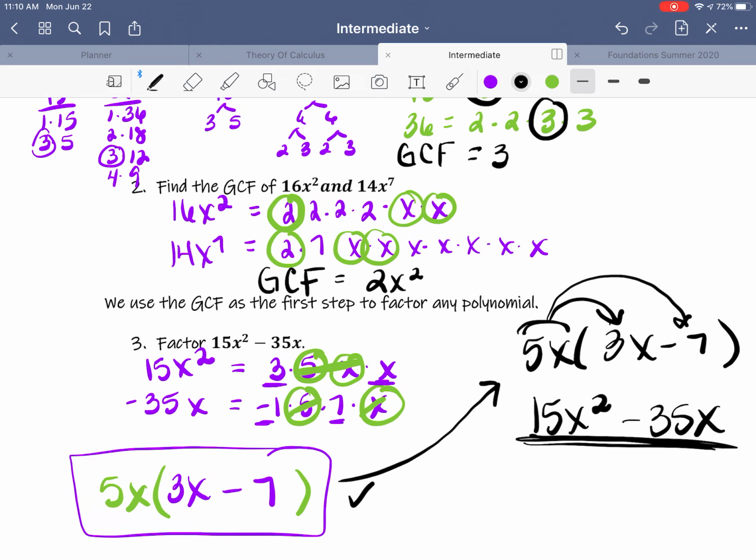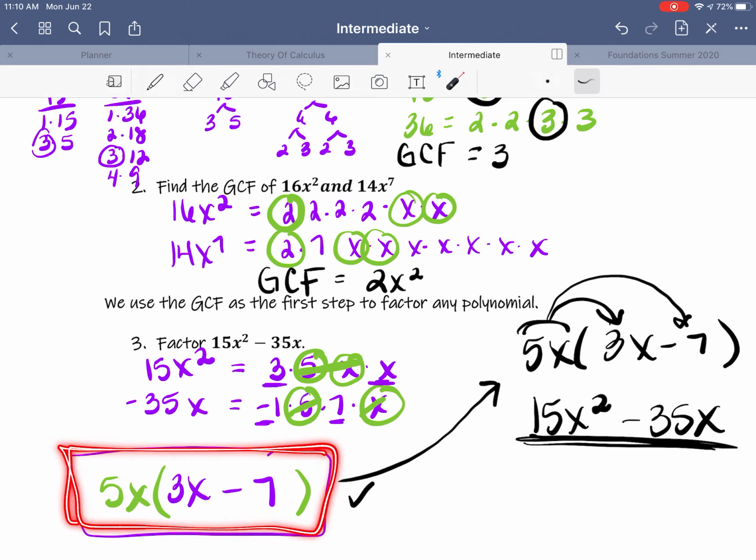So that is factored form. If I had asked you to solve, you would have to keep going. But in this case, I just asked to factor, so that's done. That's factored form. I have 5x is a factor, and 3x minus 7 is also a factor.